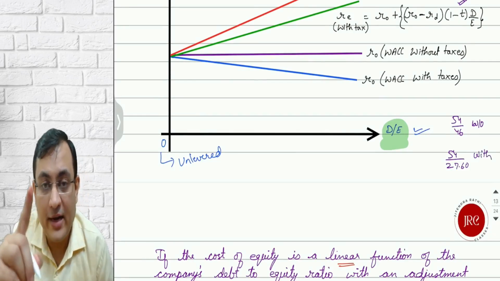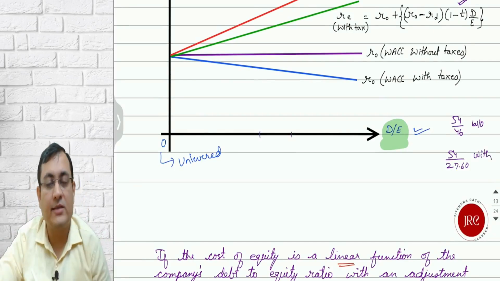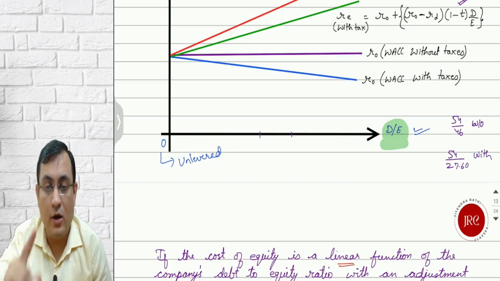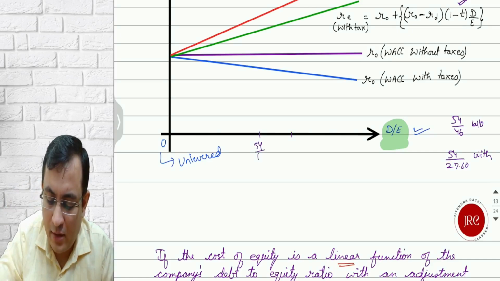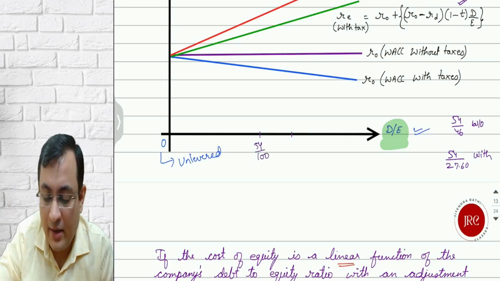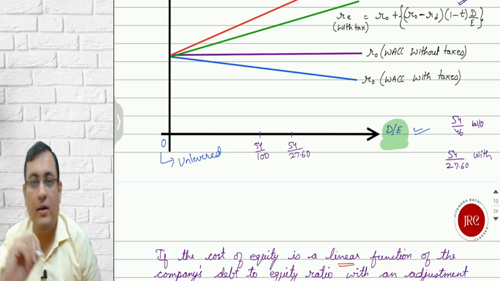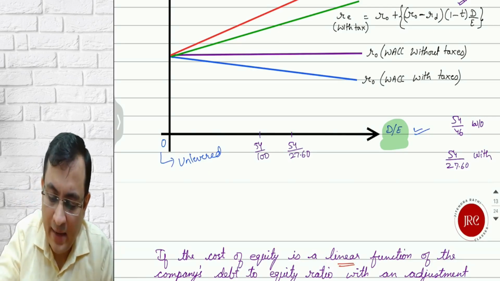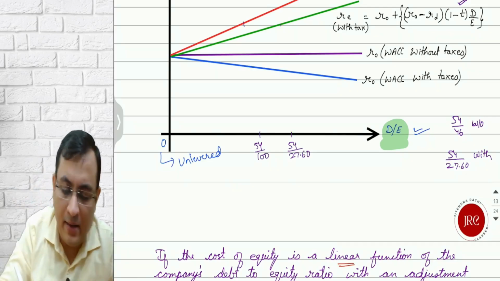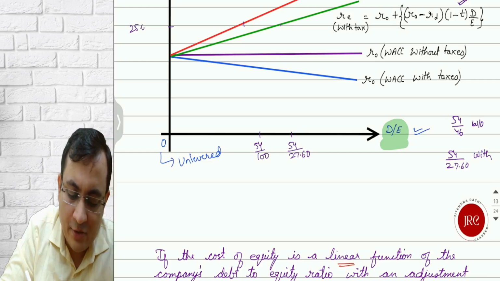So they are not at the same point on the x-axis. For unlevered it is 54 on 100, whereas in case of levered it is 54 upon 27.60, which will be much ahead of that level. So that is why here and here they are same at 25.04.